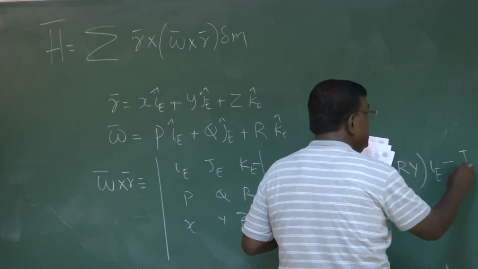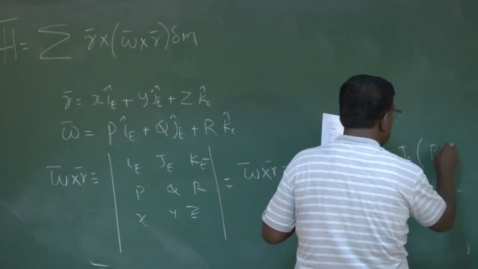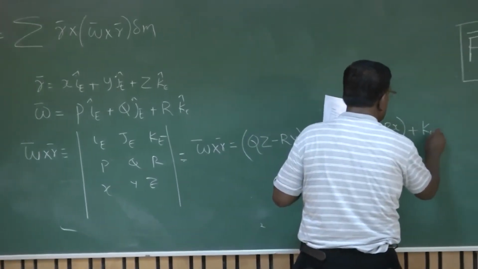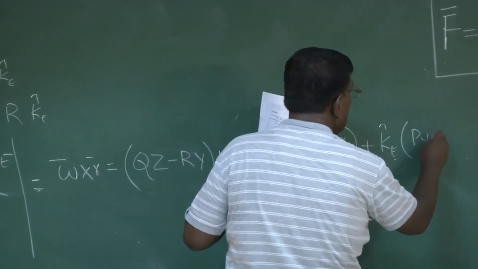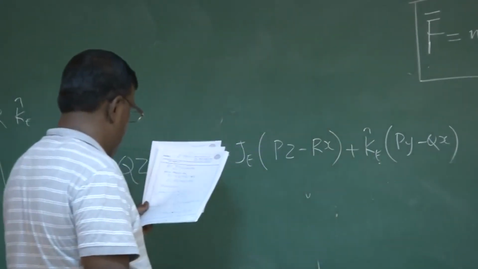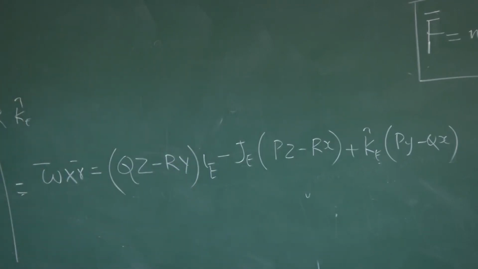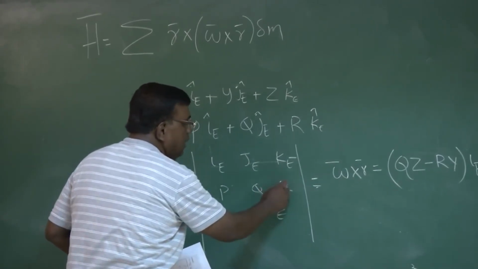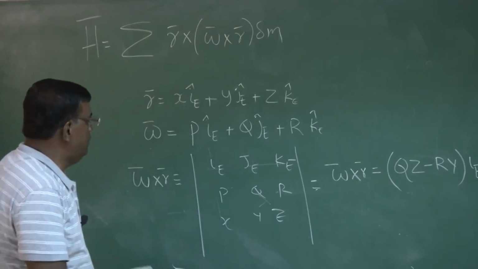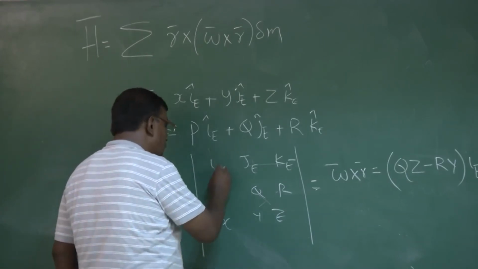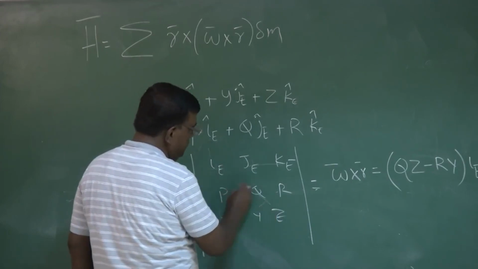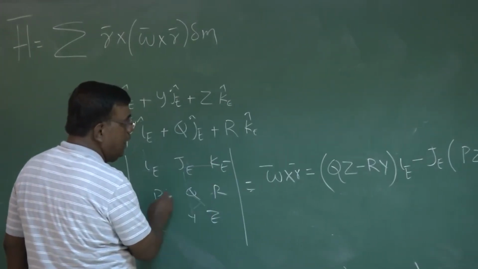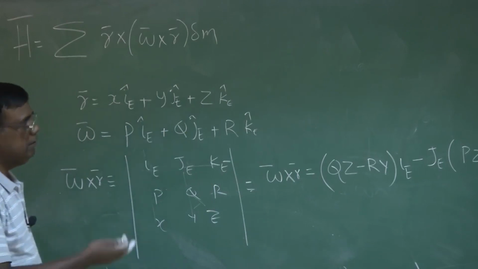Ie into (qz minus ry), minus Je into (pz minus rx), plus Ke into (py minus qx). You know how to do it.